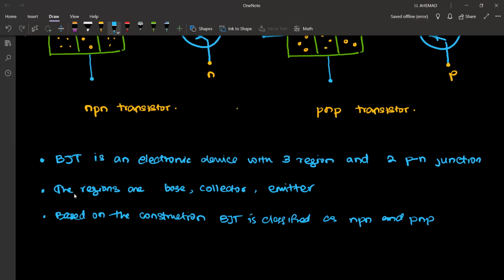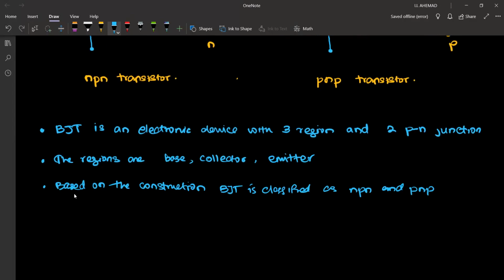So these three regions are doped, but their level of doping is different.